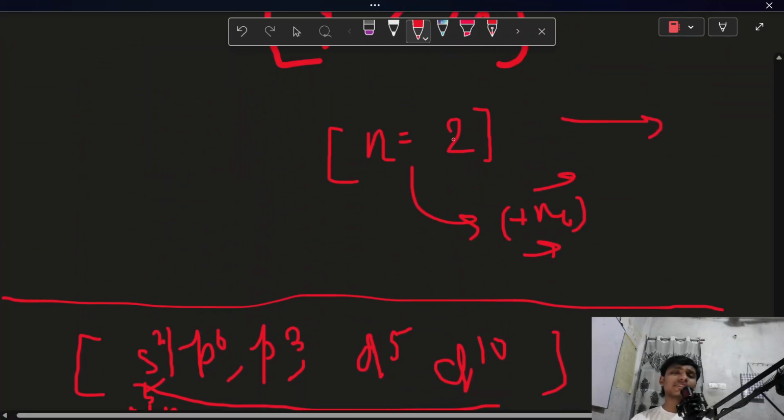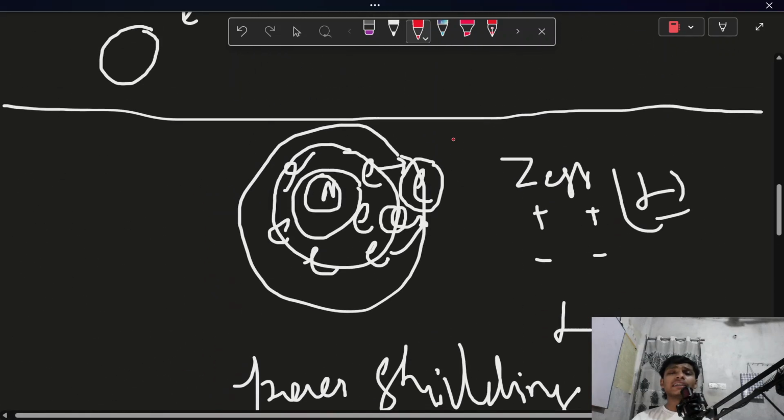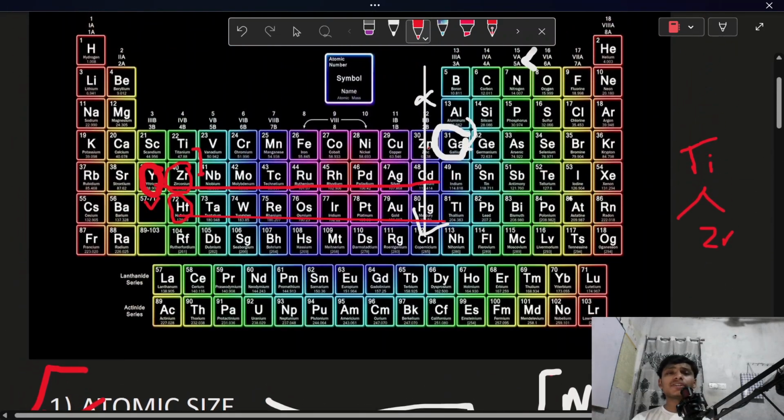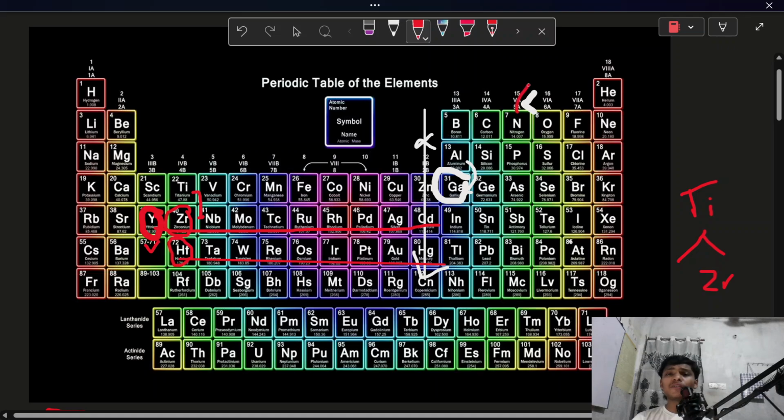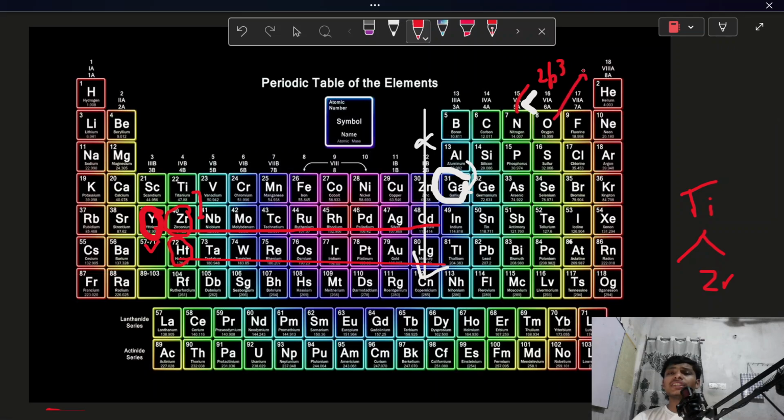So let's discuss some exceptions that you can solve on this concept. For example, nitrogen has 2p3 in the last subshell, while oxygen has 2p4, right? In that way the ionization energy of nitrogen is more than that of oxygen. That was one thing.